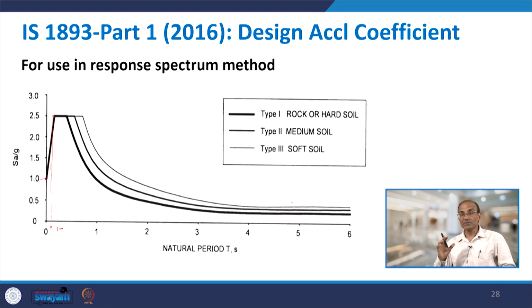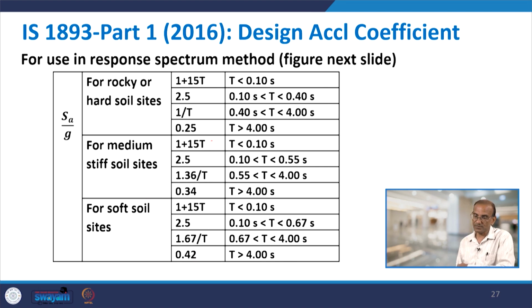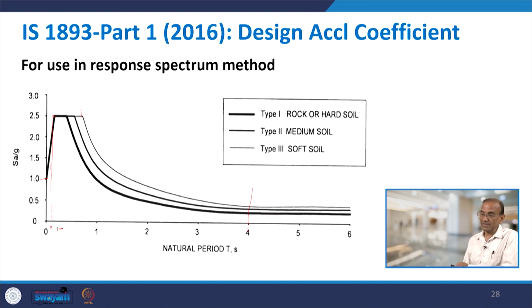So, now your response spectrum has been divided into 4 parts: one part, the second part is here, the third part goes here. The second and third parts, third and fourth parts, are similar to what we discussed in the last case also. Now, there could be a question of how we define this: what is rock or hard soil, what is medium soil and soft soil?